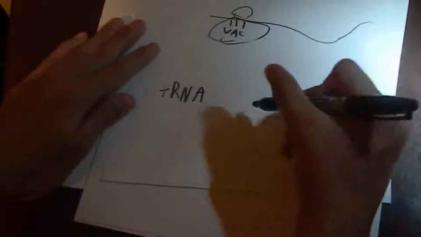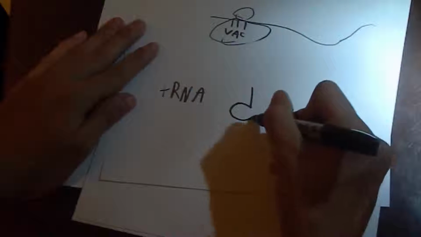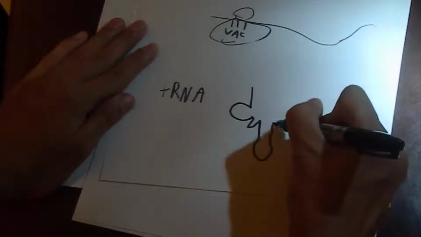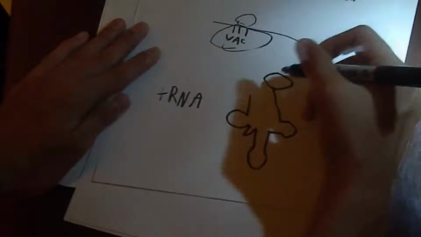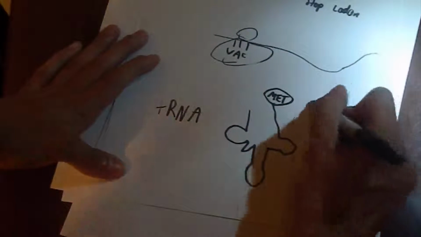Basically, transfer RNA is shaped kind of like a clover. And it has an amino acid on top, usually methionine.